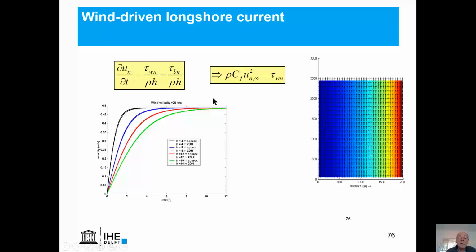In the equilibrium situation you have a balance between the wind shear stress and the bed shear stress: the bed shear stress rho CF U squared equals the wind shear stress. So you should end up with a completely uniform velocity field if CF is constant. But these curves show that in shallow water you have a very rapid response of the wind-driven current, but in deep water it takes much longer to accelerate.